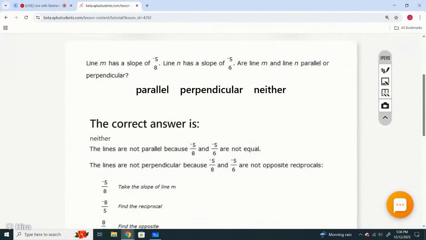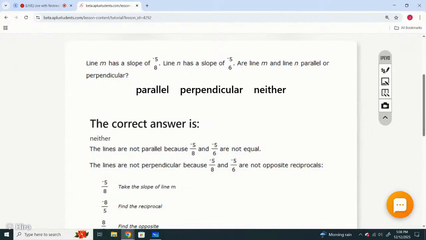The lines are not parallel because negative 5 by 8 and negative 5 by 6 are not equal. If the lines are parallel, that means their slopes are exactly equal, right?